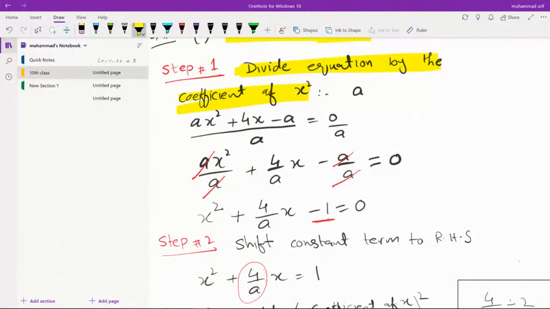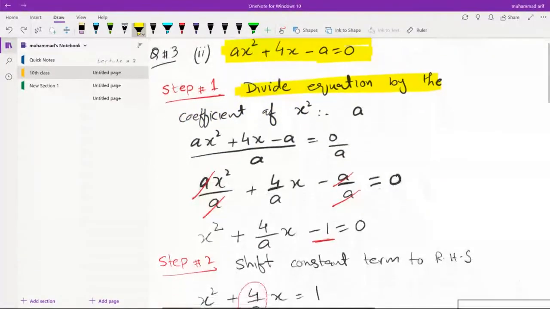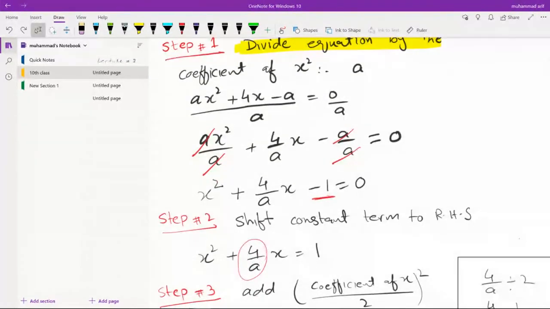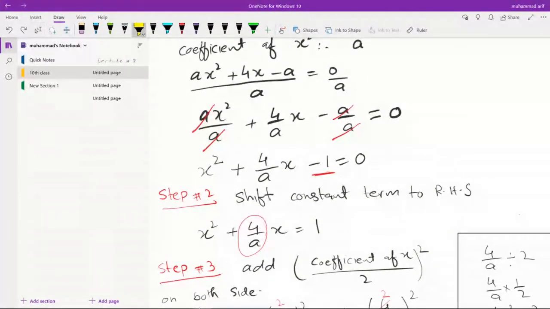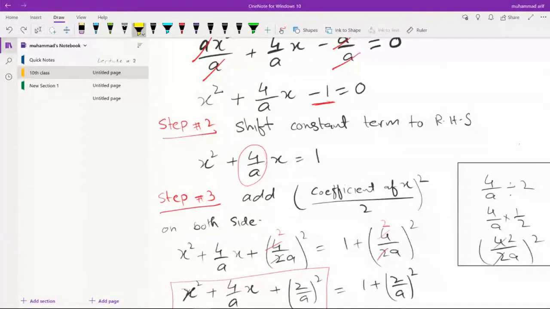We divide ax square plus 4x minus a by a: ax square divided by a plus 4 by ax minus a by a equals to 0. After cancelling, we have x square plus 4 by ax minus 1 equals to 0.